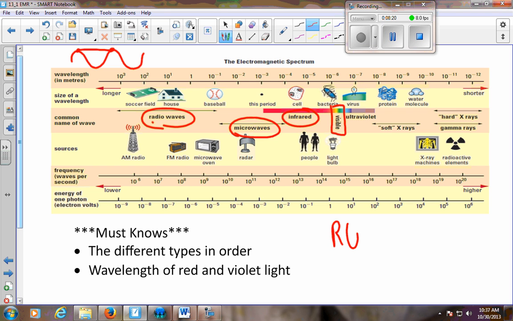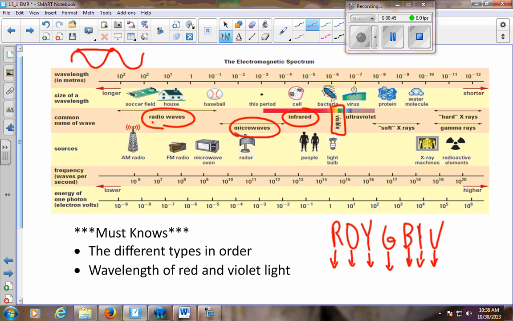So Cat in the Hat once taught me this: Roy G. Biv. R stands for red, followed by orange, yellow, green, blue, indigo, and violet. It's the rainbow song for you. You should know the colors in their order.